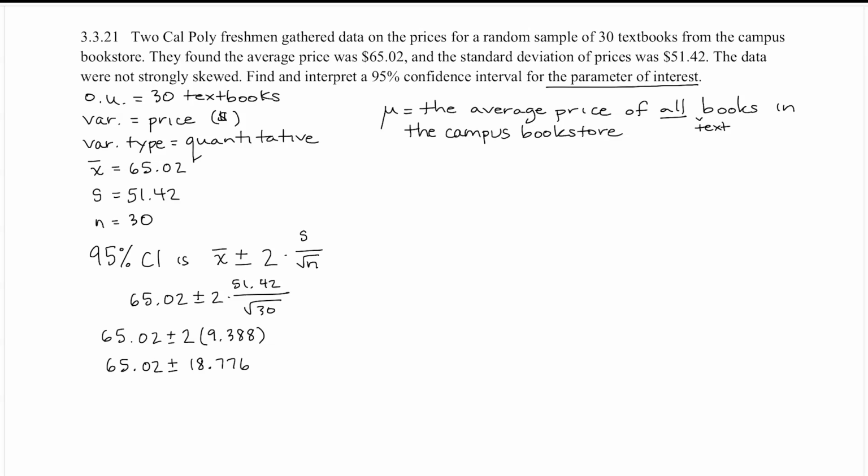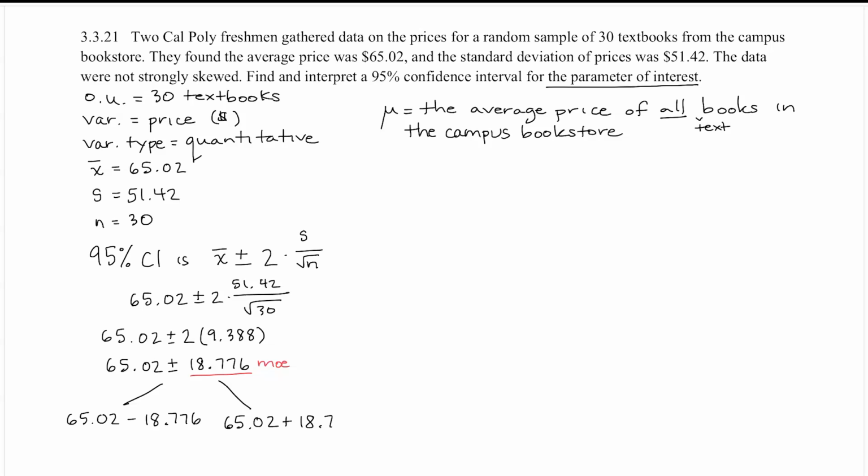Then you want to multiply that by 2. 2 is our multiplier in the 2SD method, and you should get 18.776. So at this point, our interval is in the form statistic plus or minus a margin of error.